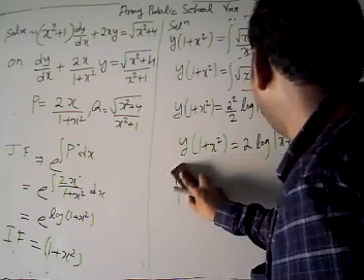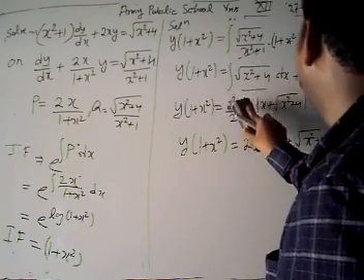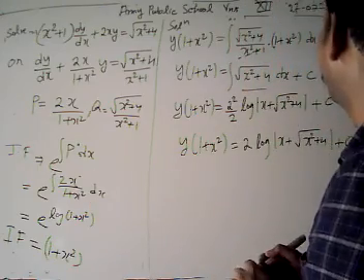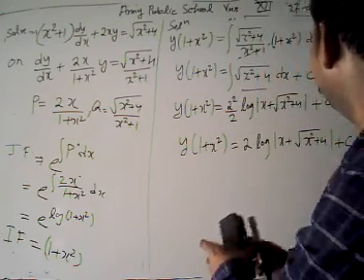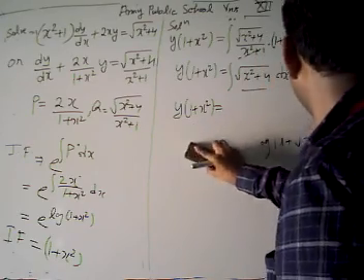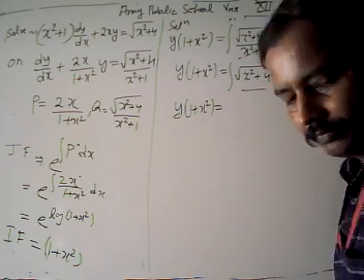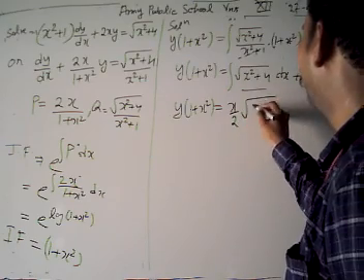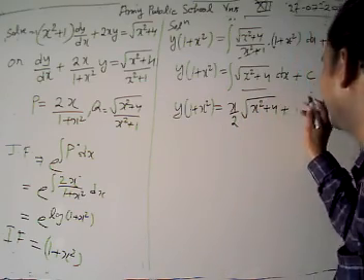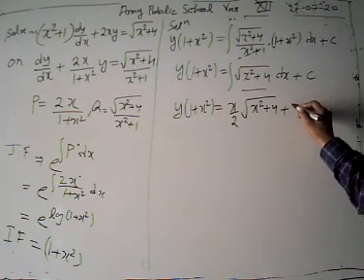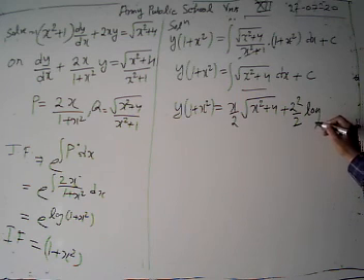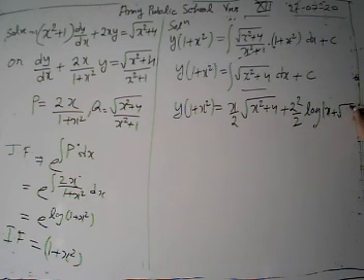Here we have x by 2 under root x square plus 4, then plus 2 square by 2 log of mod x plus under root x square plus 4 plus c.